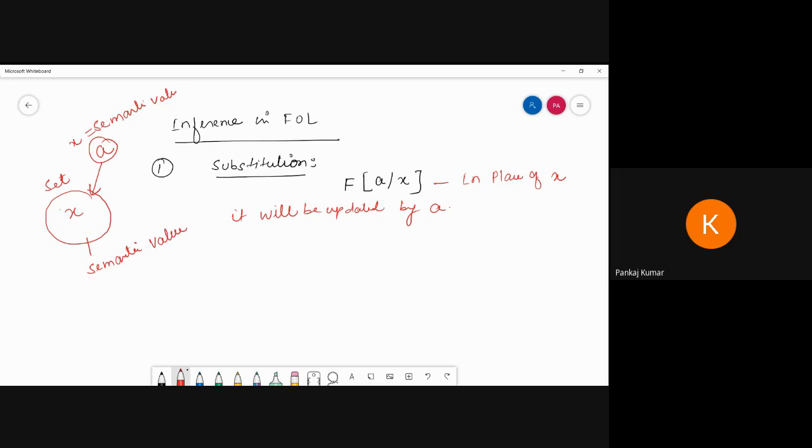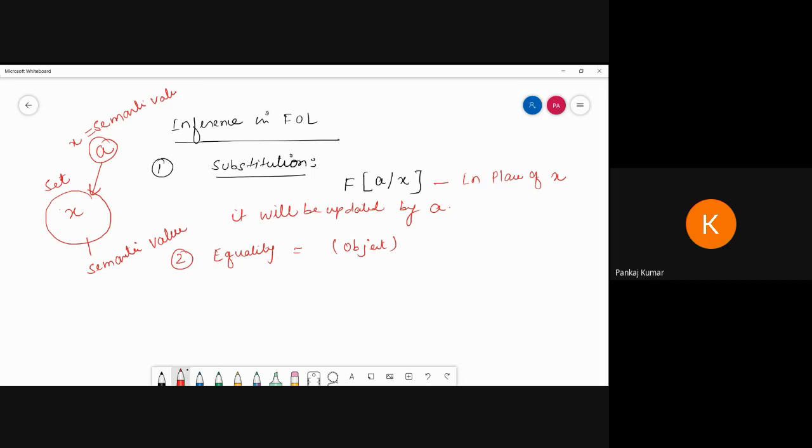Next we can use equality. Equality means we have to prove that two different objects are the same. In equality, we are talking about objects. An object may be a name, a constant value, or a digit. Everything is an object.